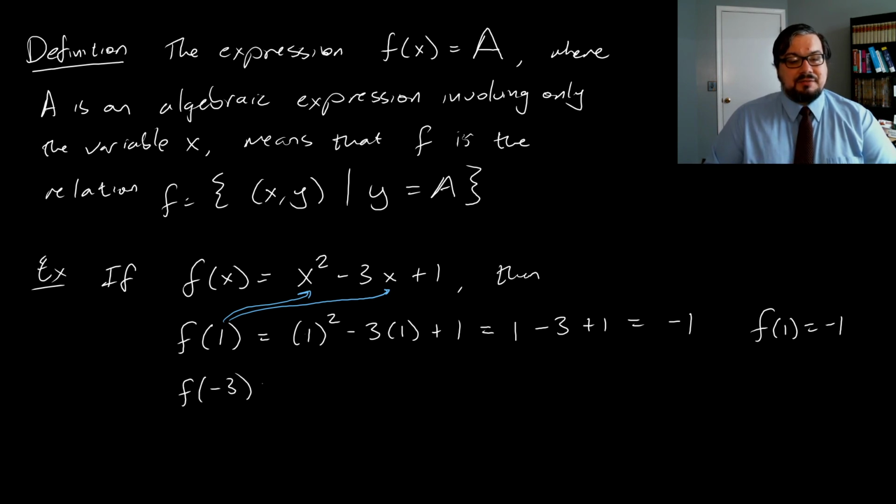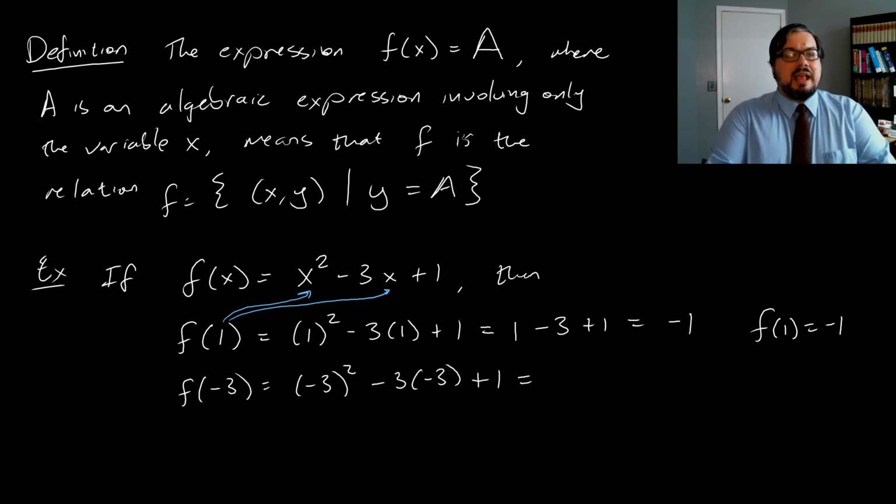F of negative 3 is negative 3 squared minus 3 times negative 3 plus 1. Be very careful when you are evaluating a function like this, and especially when you're plugging in negative numbers, but really all the time, you should be putting parentheses around the numbers that you're plugging in, even if there weren't parentheses in the original expression.